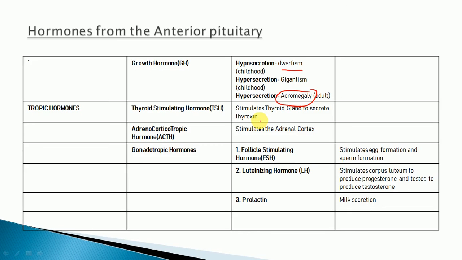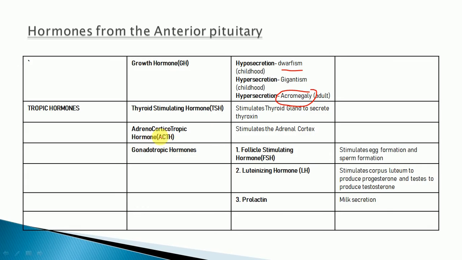So in order to control those endocrine glands, the anterior pituitary secretes a hormone called thyroid stimulating hormone, which stimulates the thyroid gland to secrete thyroxine. If thyroxine needs to be secreted, the anterior pituitary will secrete TSH, and TSH will stimulate the thyroid gland, which in turn will secrete thyroxine. Okay, you need to remember the full form also.